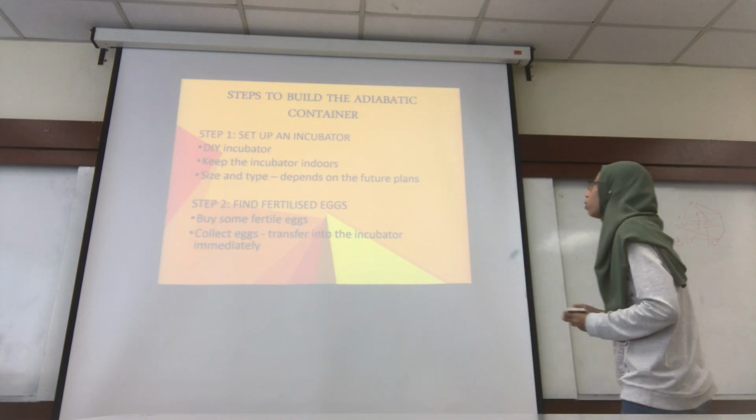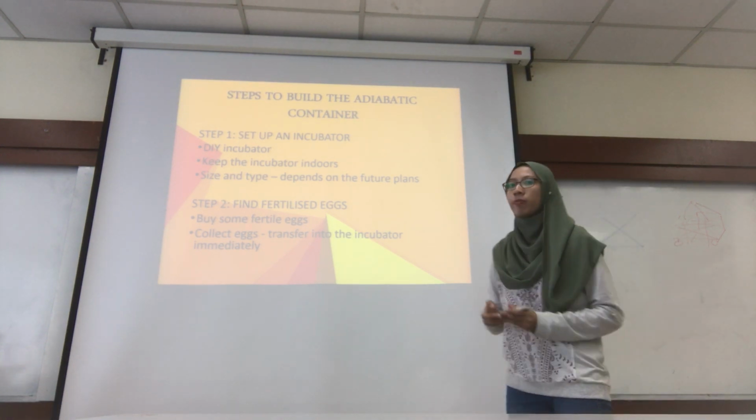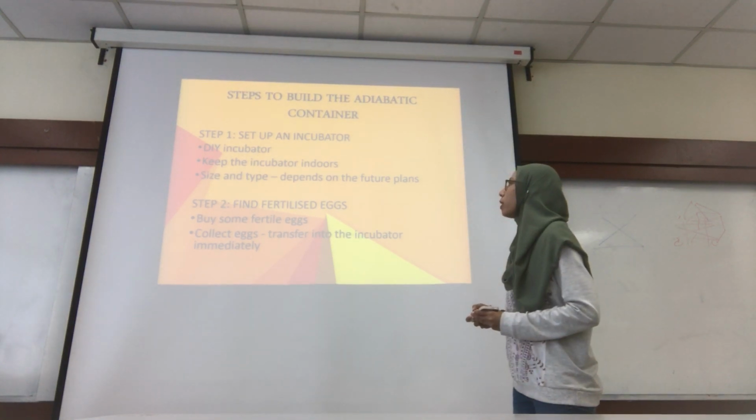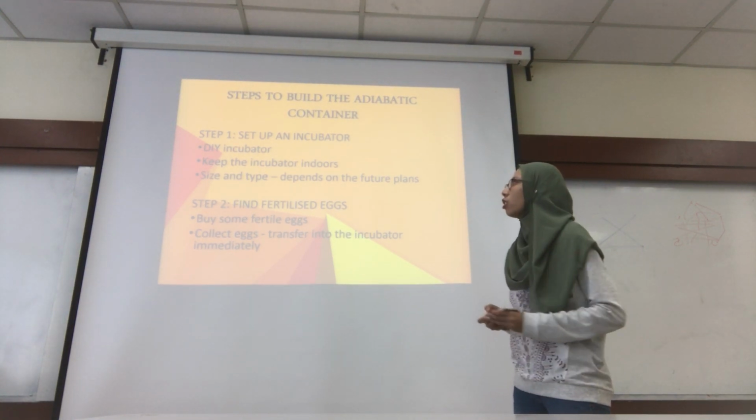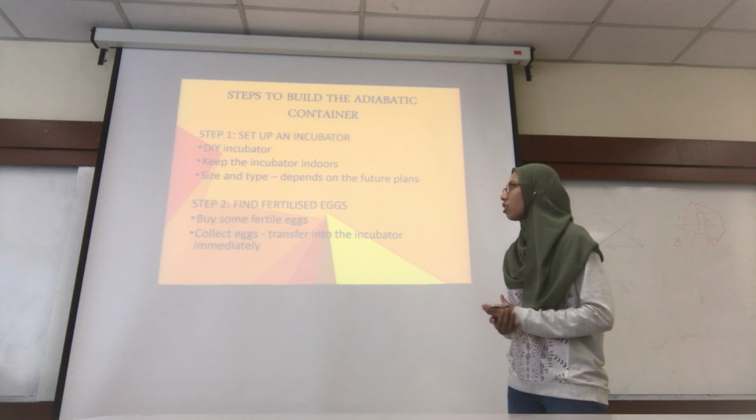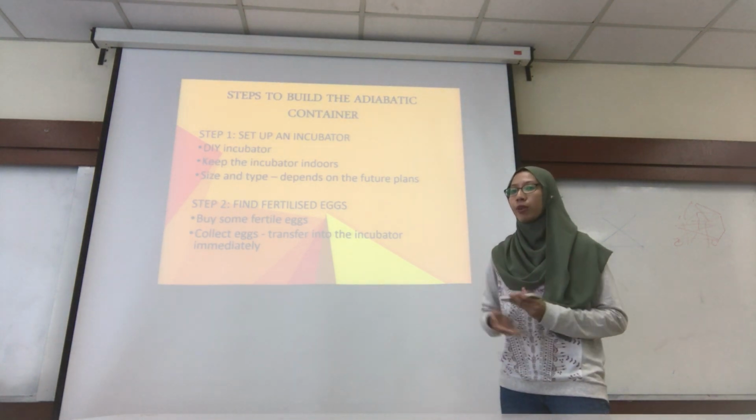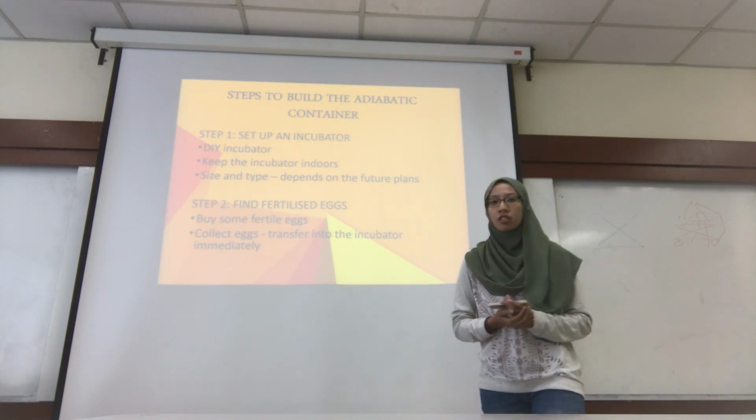These are the steps to build the adiabatic container. The first step is to set up an incubator. In this case, we use a DIY incubator, which costs us less money.